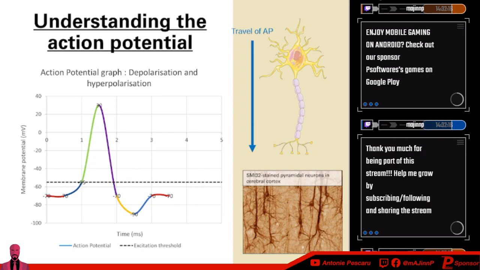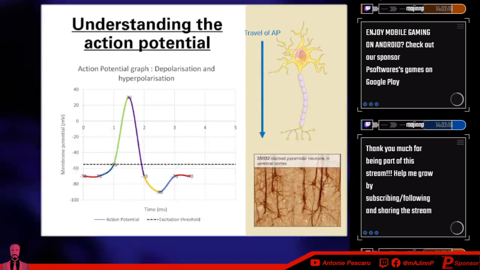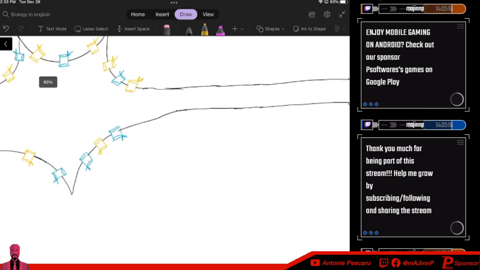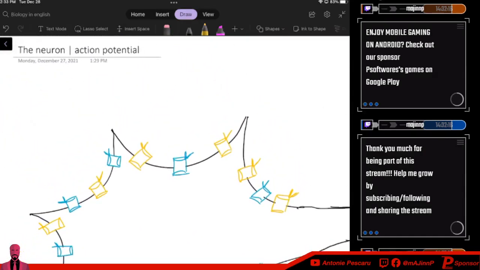And with that being said, let us now go in depth on how that actually happens. Here I have a neuron, beautiful neuron, worthy of Pablo Picasso's signature. Here I'm going to explain what happens during the action potential.